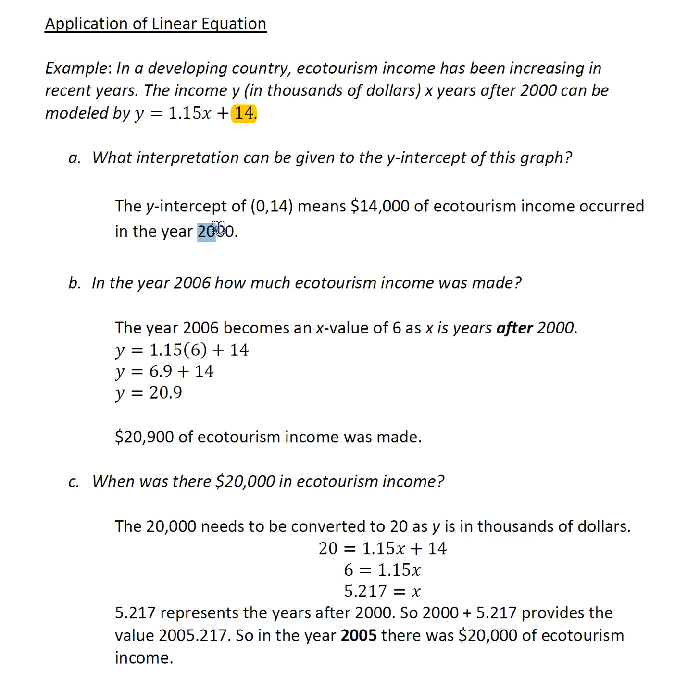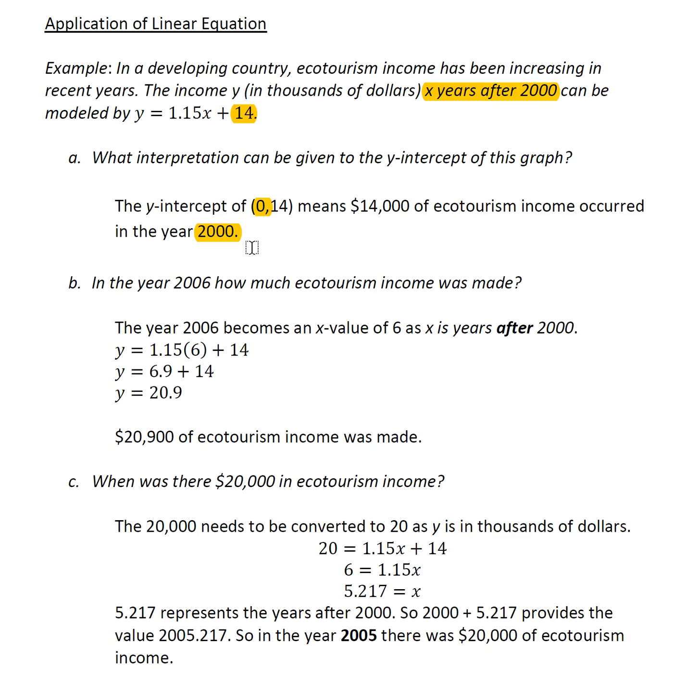We know it's in the year 2000 because the x value is 0 and x is years after 2000. So if it's 0 years after 2000, you know you're in the year 2000. Okay, so the y-intercept of 14 means that $14,000 of ecotourism income occurred in the year 2000.